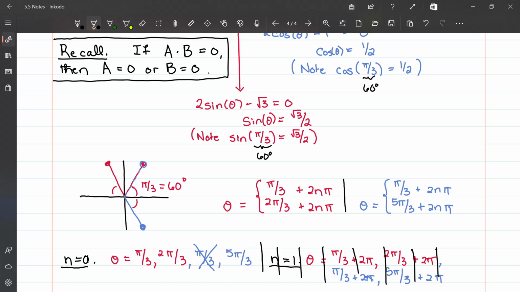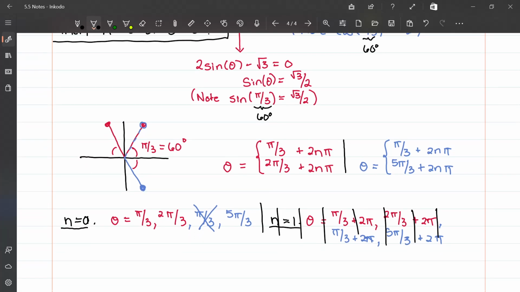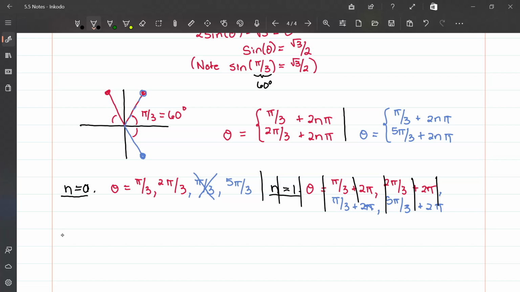We haven't tried negatives, so we may as well try negatives. Let's see, if n equals -1, we're going to start out with theta equals pi over 3. We'll let n be -1 in this line, so that would be minus 2 pi. Oh, but wait a second. 2 pi is bigger than pi over 3.